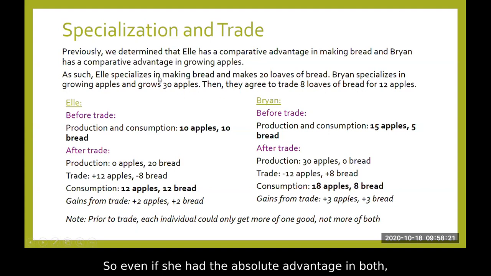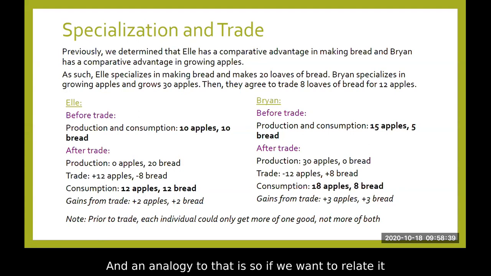So even if she had the absolute advantage in both, so she was better at baking bread and better at growing apples, she would still have incentive to trade with Brian, because if she were to just specialize in one, she would be able to expand beyond her initial PPF.